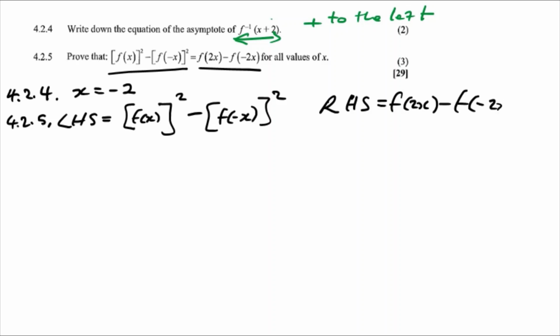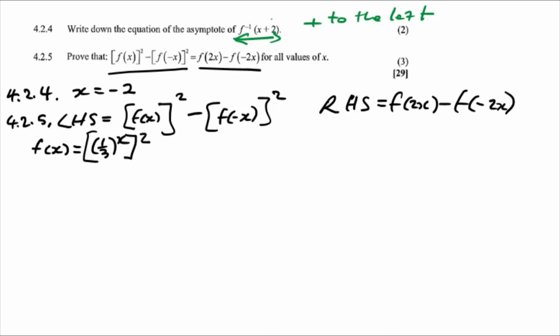So now let's just explore these two sides. Over here we are given that it's f of x squared. Now if you look at f of x is equal to 1 over 3 to the exponent x. So we need to square this, hence the square bracket.